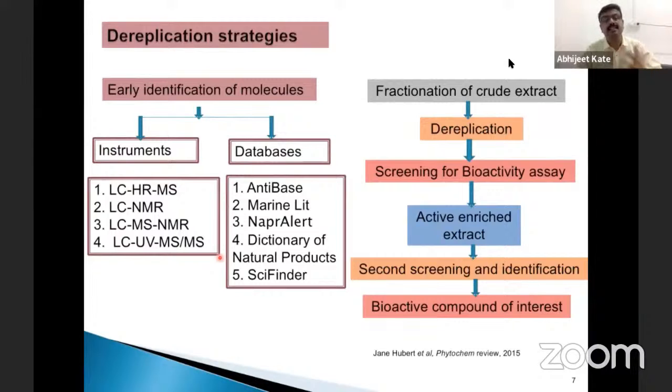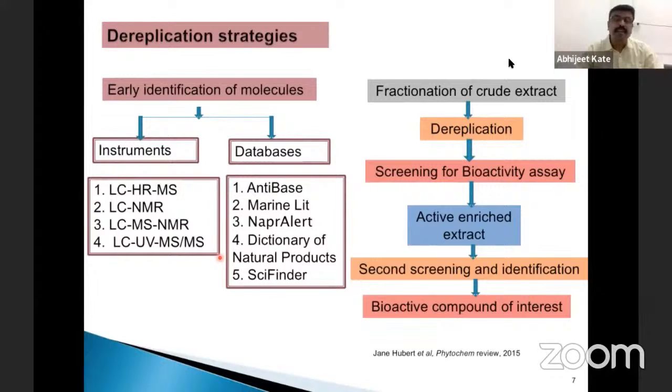If I can search that this compound with this molecular weight, from this plant, has anyone reported any molecules earlier? Then you get the data: yes, 3 molecules of this molecular weight have been reported in this plant. Will it be useful for your research? Definitely yes. That is how we want to use these kinds of tools and speed up our research. We want to focus on something which is different, which is new, and which can contribute to this research area.